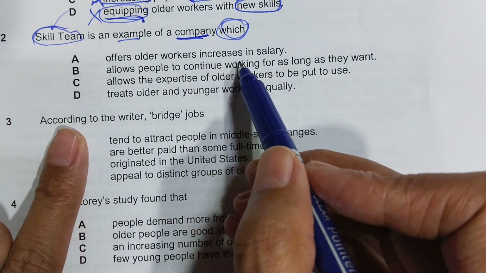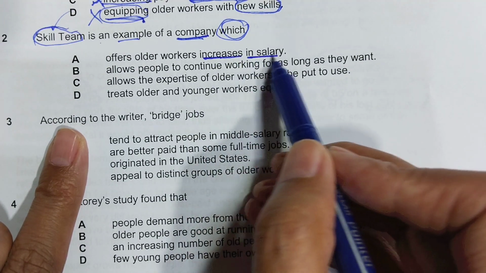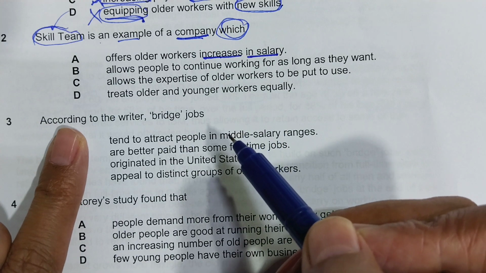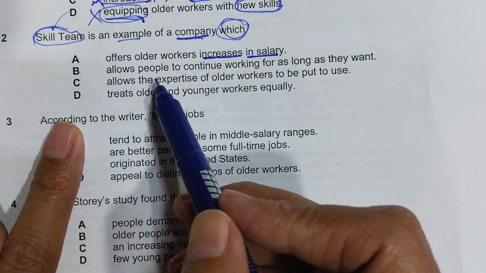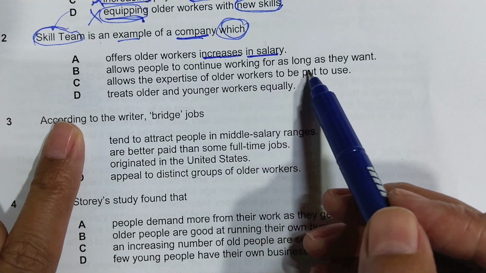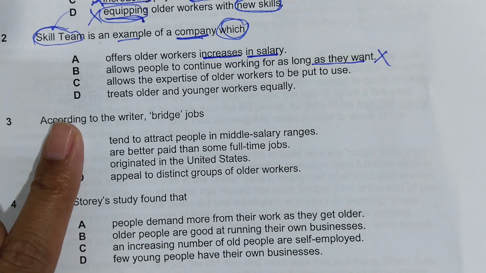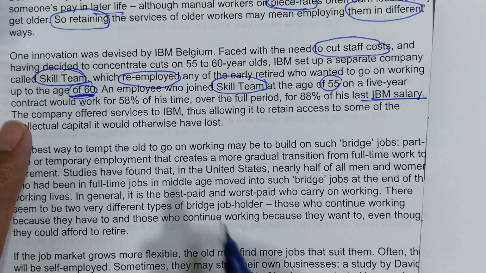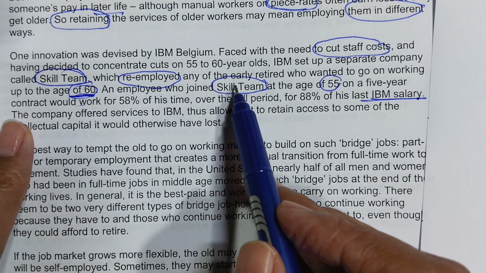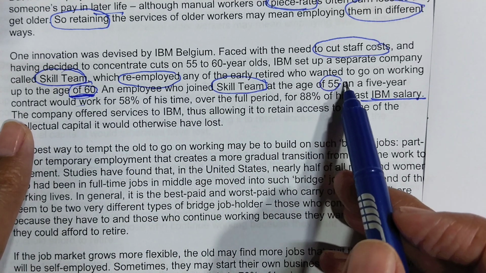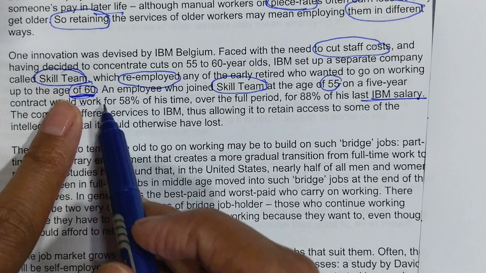Offers older workers increases in salary. Here they're talking about increases in salary, but they were not talking about an increment in salary when we read the passage about the skill team. Allows people to continue working for as long as they want. No, they were not saying that they will continue as long as they want. You can see here they are saying which re-employed any of the early retired who wanted to go on working up to the age of 60.